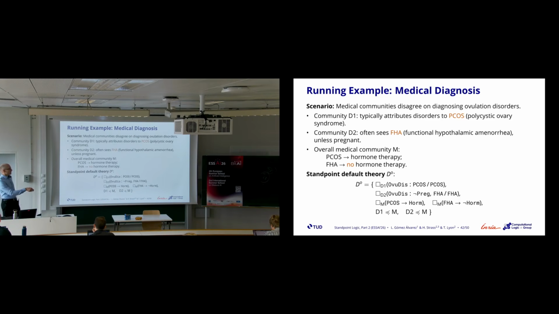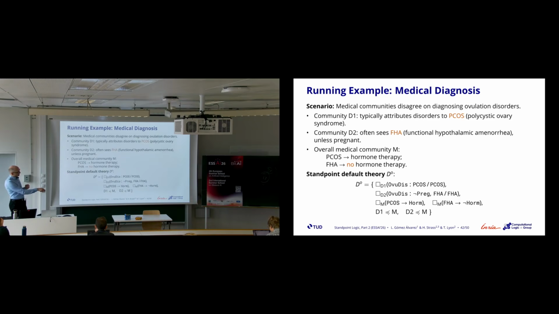Right? And this we can express via, so those are not defaults, those are just plain implications of propositional logic. So we say in the overall medical standpoint, it holds that PCOS implies hormone therapy, and it also holds that FHA implies no hormone therapy. And of course, these two communities, D1 and D2, are subcommunities of the overall medical community.